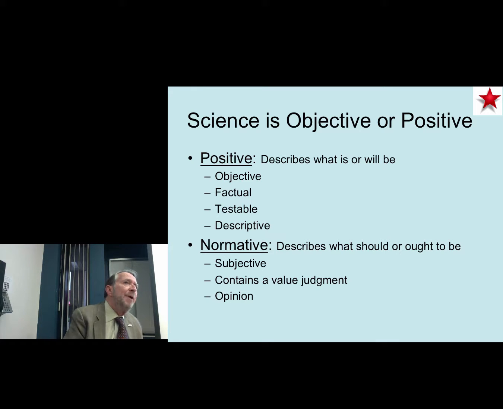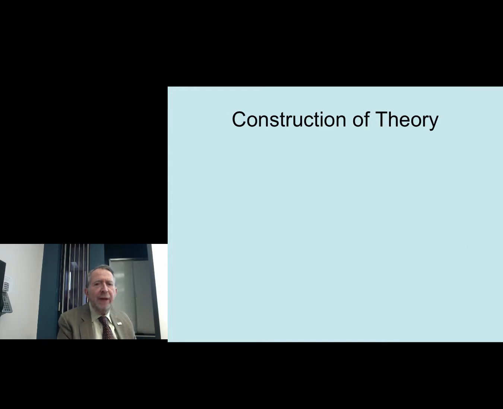So it's an example of how an argument can be constructed that appears to be simply logical, but in fact contains a value judgment. We go about constructing theory by, first of all, abstracting from reality. To build a theory that is applicable beyond the existing set of data, you have to abstract from all the details.